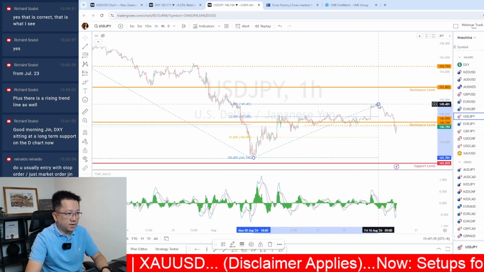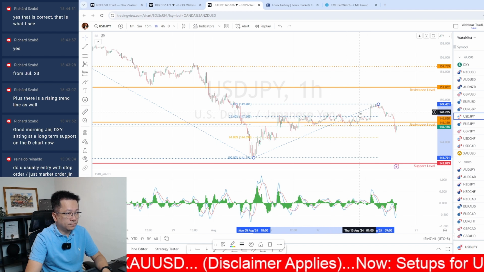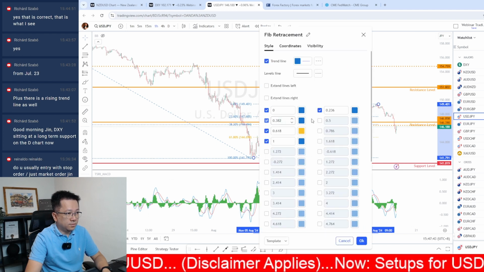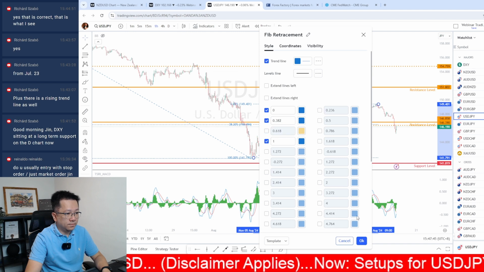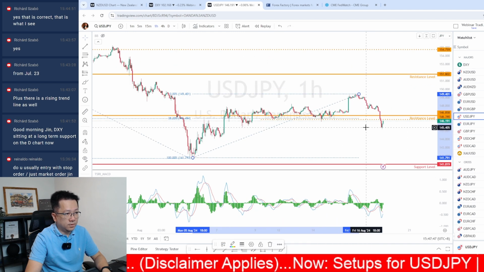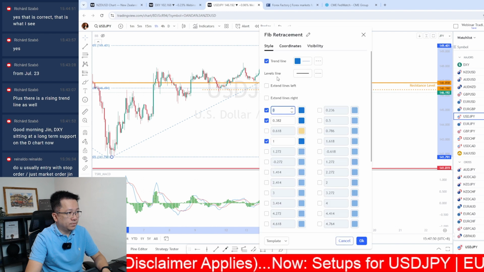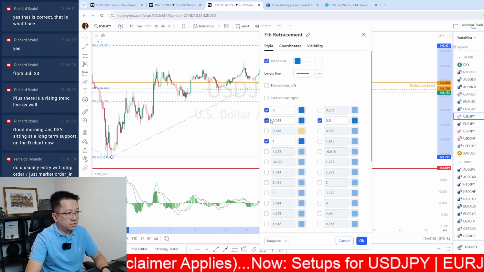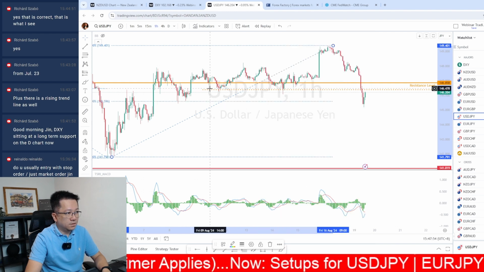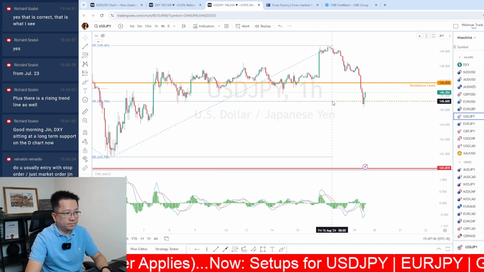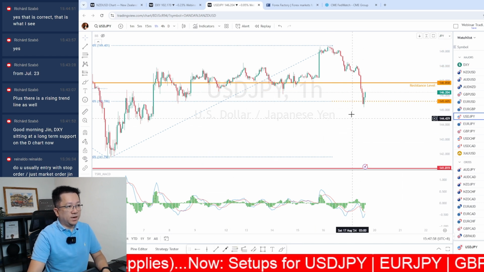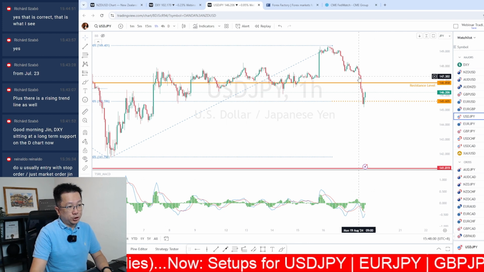Now looking at that point, 38.2. Go. No. 50. Right, bounced off. Okay. So what we're looking at here is yen push down.